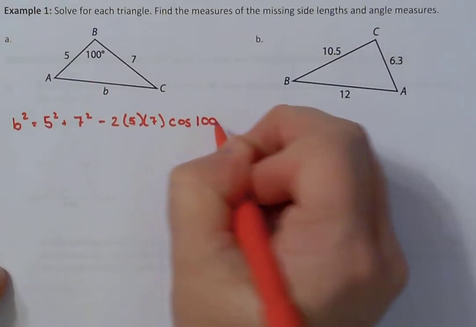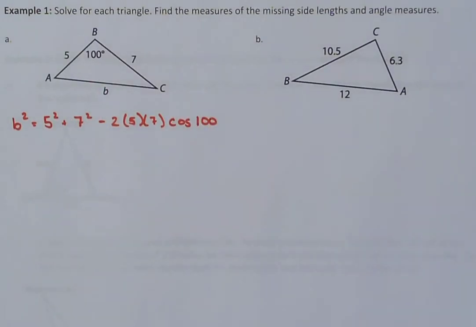So cosine 100. I realize that looks messy, but once you get everything plugged into the formula, it's just about going through, calculating, and getting your answer. So let's go ahead and start calculating this.